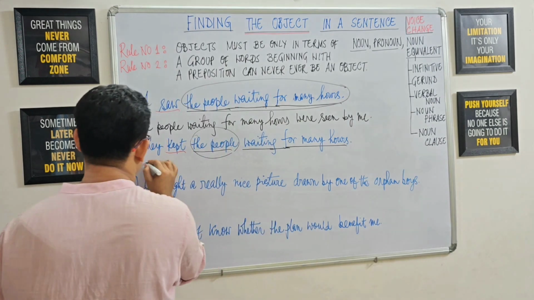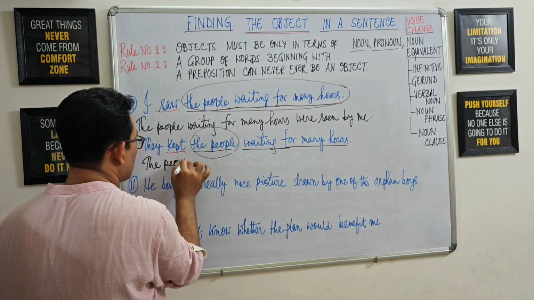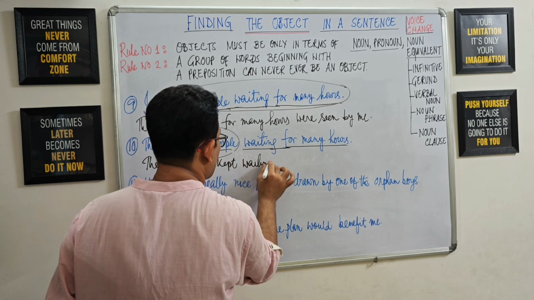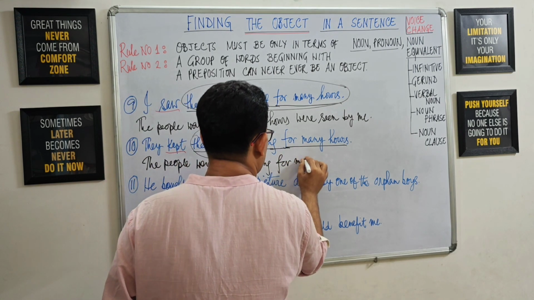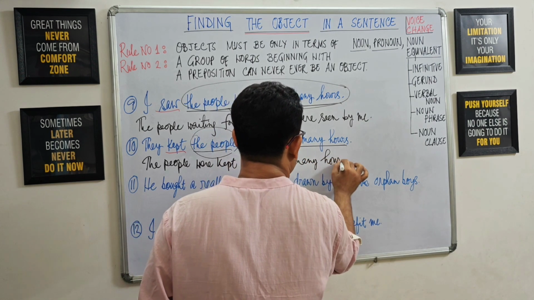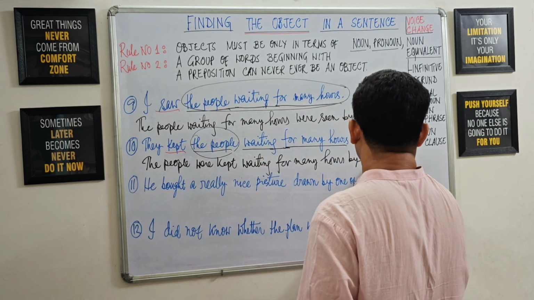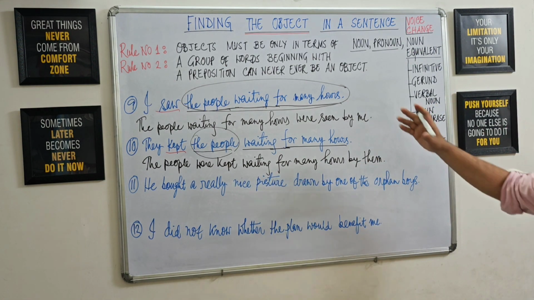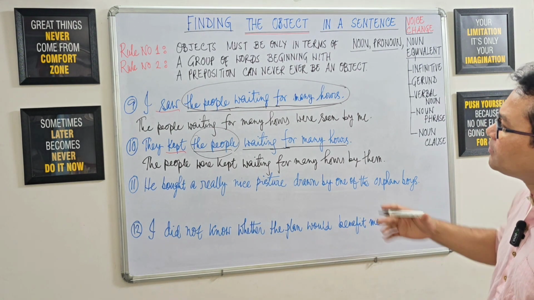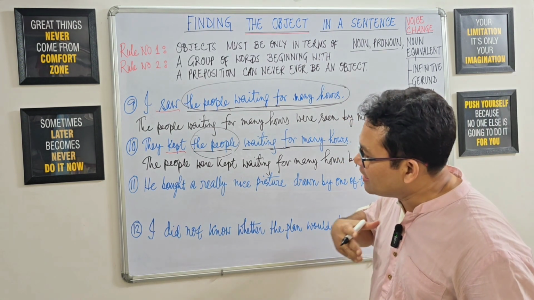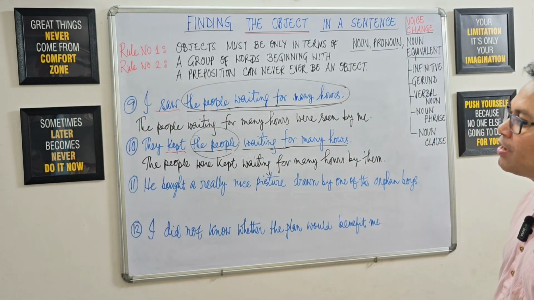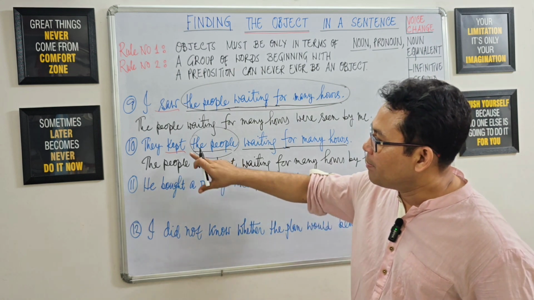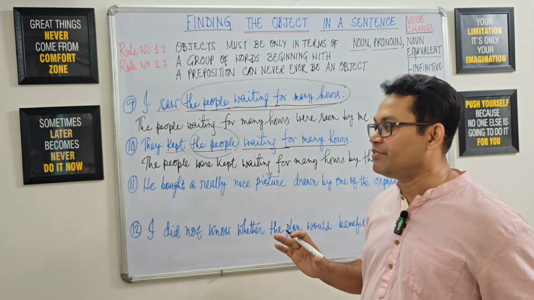But number 10: the people were kept waiting for many hours by them. All right. So this is the difference, and we have to understand the difference through the nature of the verbs. Saw, kept. We may also get observed, found out, okay, these verbs, but the verb keep makes it completely different.